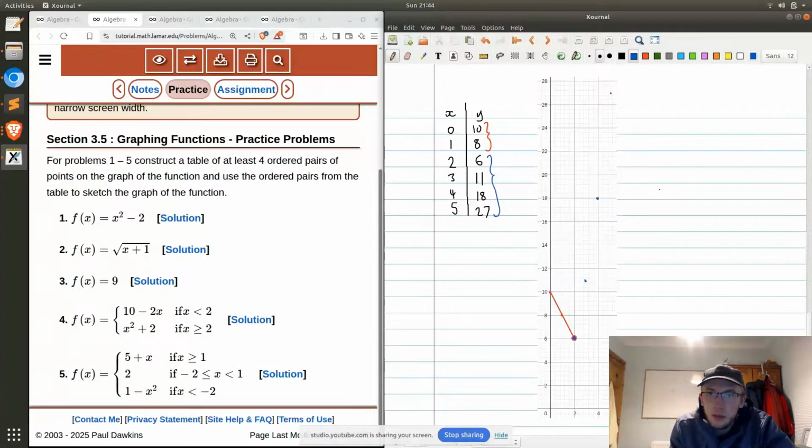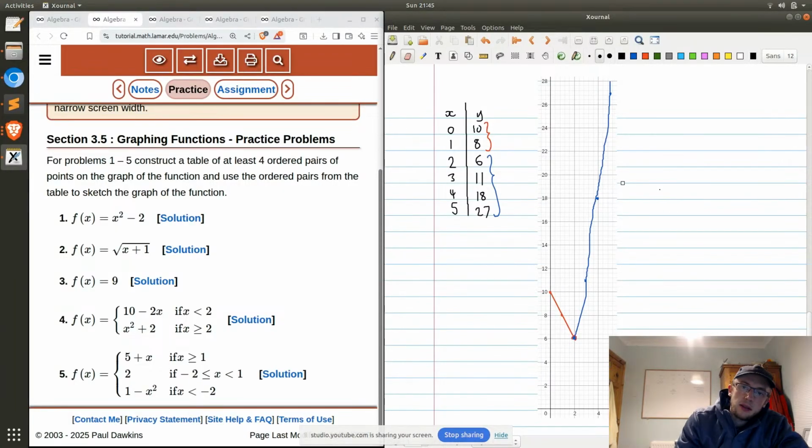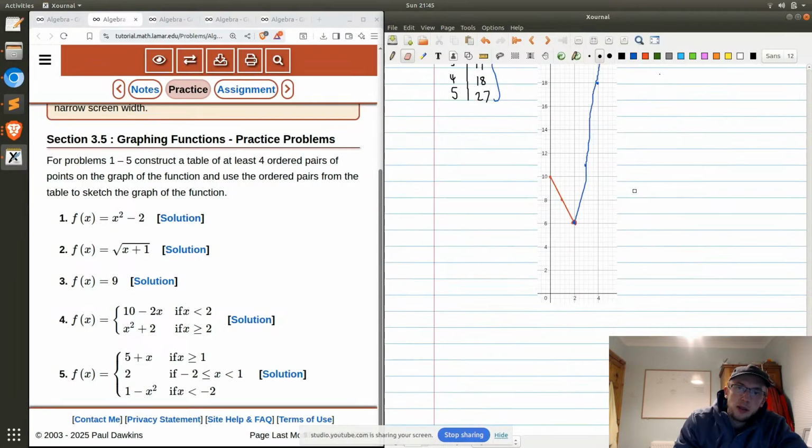So something like there-ish. Where would it actually start? Well, it would actually start down there, the quadratic would, and it would pass through all those points up there. I want to see if I can actually do something. If I can just do that. Okay, that's brilliant. Okay, that's the best attempt at this piecewise function.